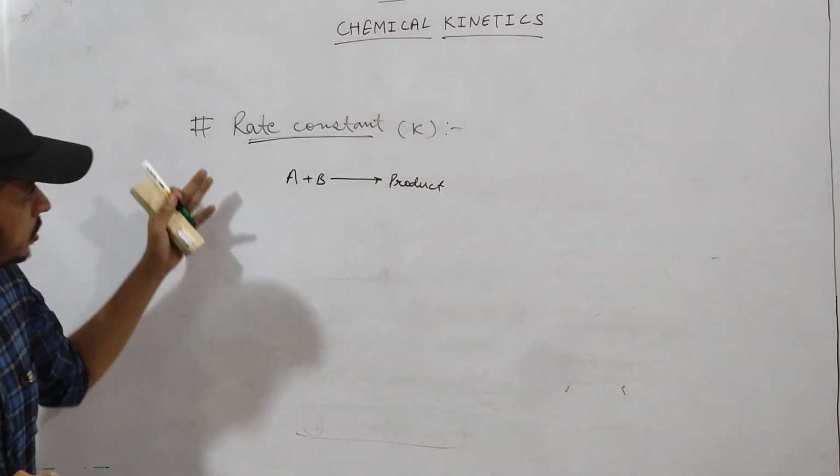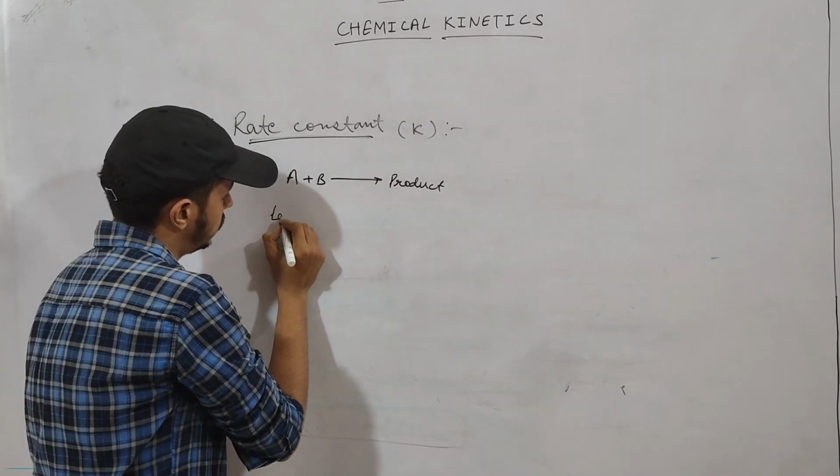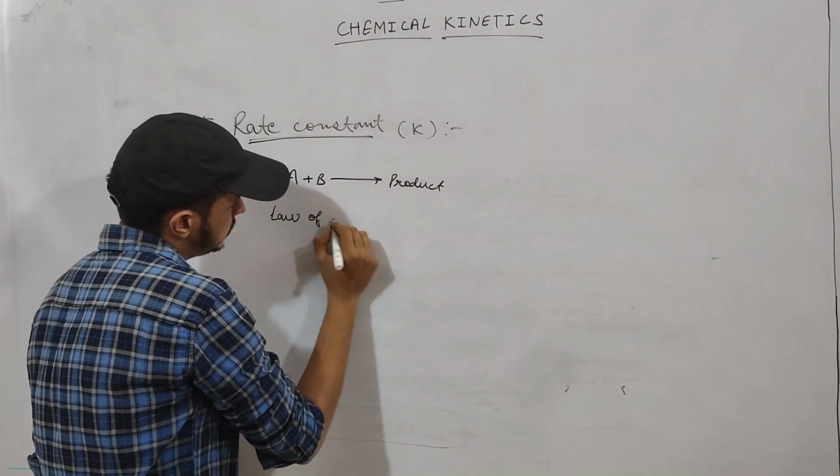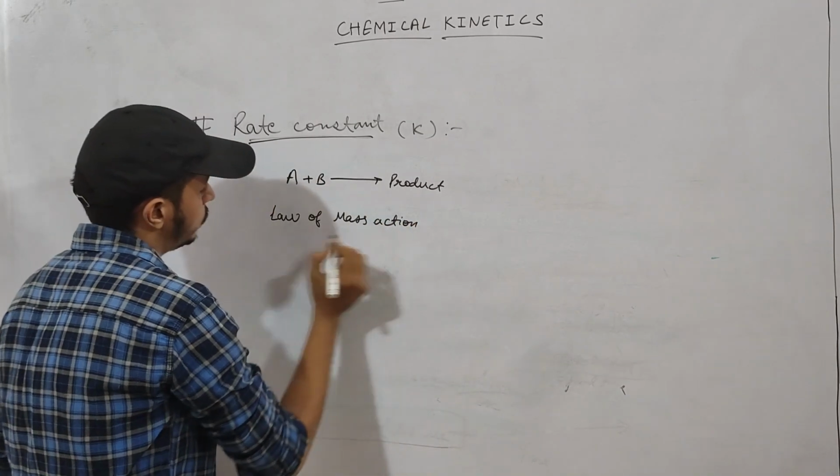So for deriving the formula for rate constant, by using the law of mass action, we will write this term in the form of rate constant.